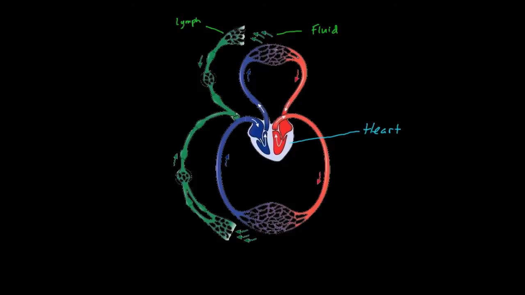And that lymph is picked up by these structures here called lymphatic capillaries. Emerging lymphatic capillaries form larger structures called lymphatic vessels.